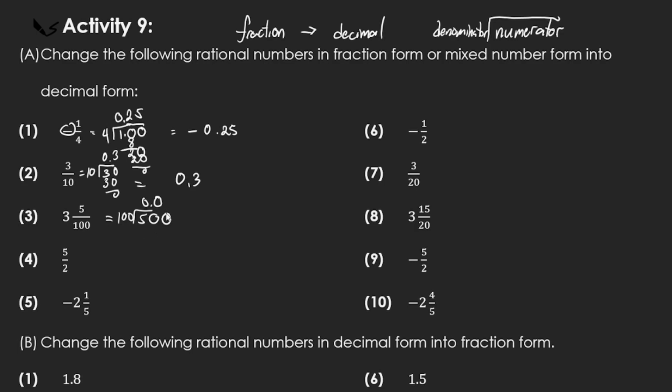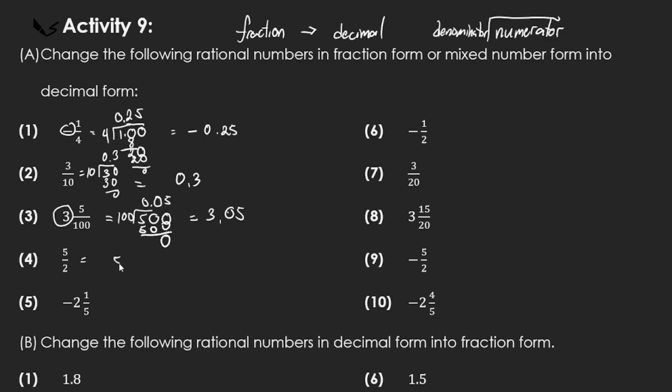Let's add one more. How many hundreds are there in 500? There's going to be 5. And the remainder is 0. So this is getting the whole number 3, 3 plus 0.05. We will get 3.05.